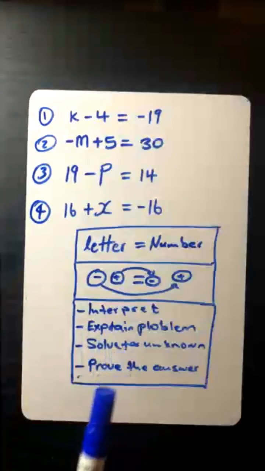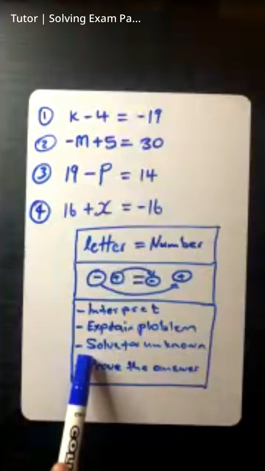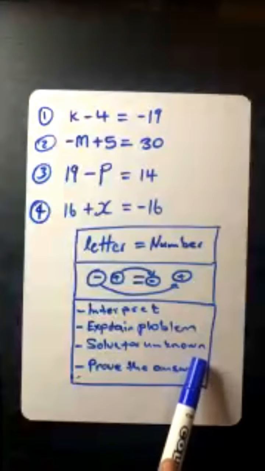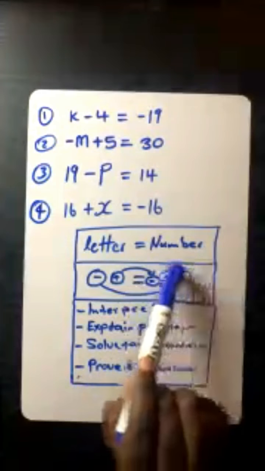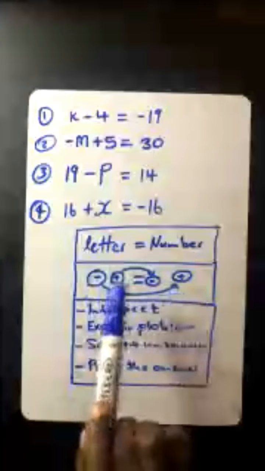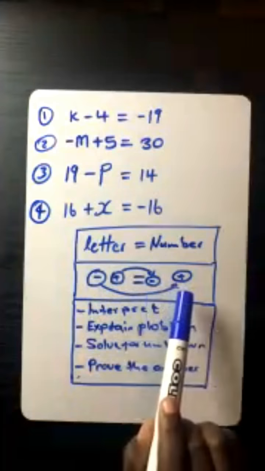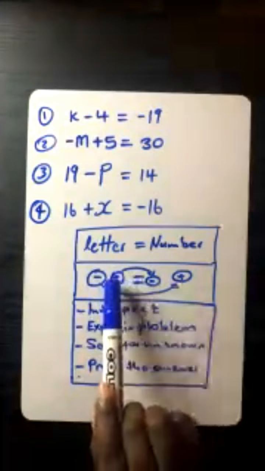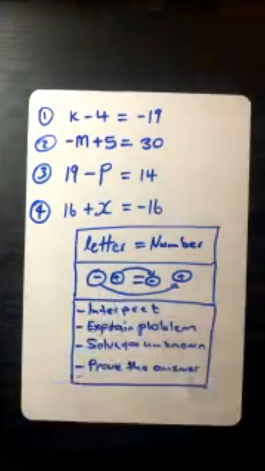When you're given a problem, quickly interpret, quickly explain the problem, solve for the unknown. When you get to that part where you solve for the unknown, just remind yourself: when you transpose, you change the sign of the original number that you are transposing, and whatever remains, you write exactly as it is. Do you understand this part? Yes, sir.